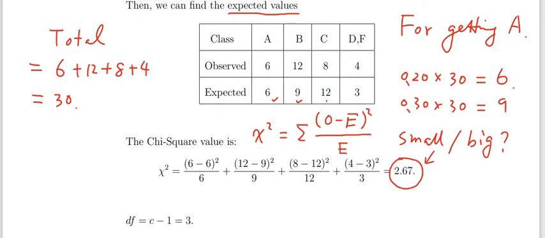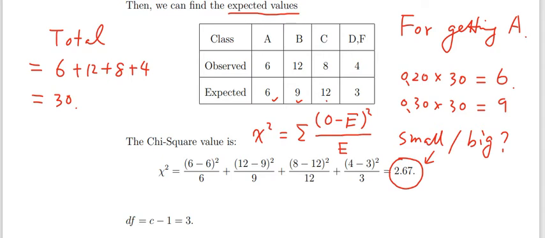The data matches the model. If this number, the chi-square value, is big, then the true observed data and our expected data differ very much.